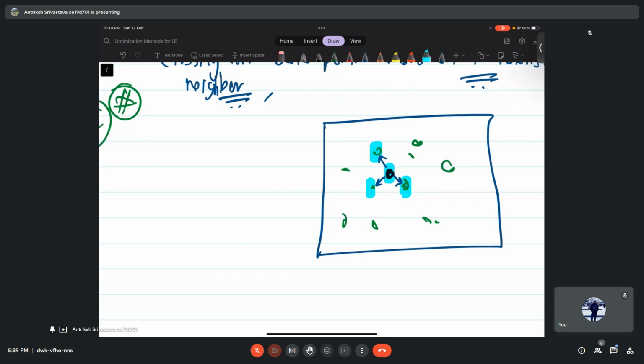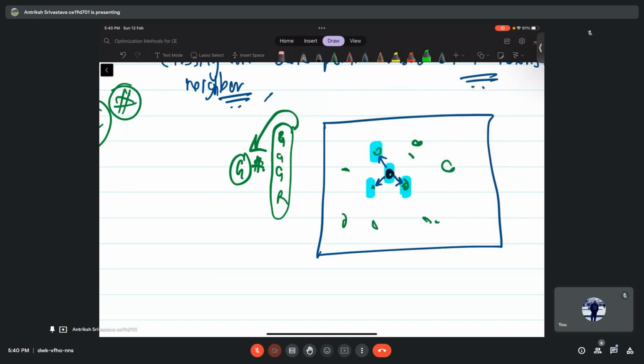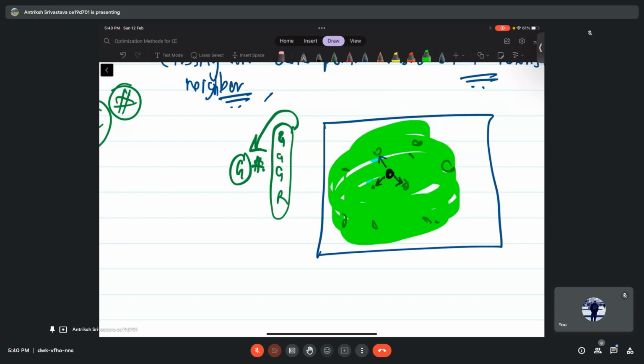And when it does that, it will get an output something like green, green, green, red, and it is going to decide based on majority and classify this red point as a green point. So now if I want to see the region for green, I will see this whole thing as the green region, which is not accurate, but it is simple, right?